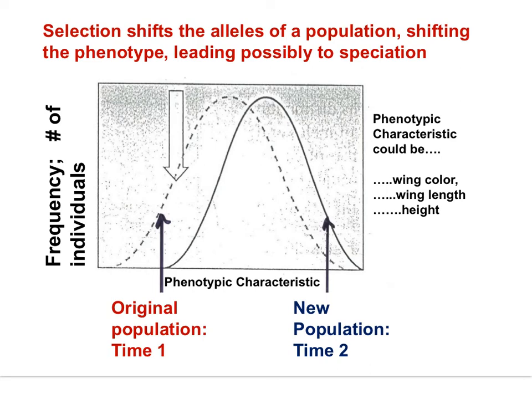Their alleles increase in frequency, and the phenotype of the population shifts right over time. Notice that even at time 2, after selection has caused this shift in the population, variation remains. Sexual reproduction with meiosis maintains variation in the population.